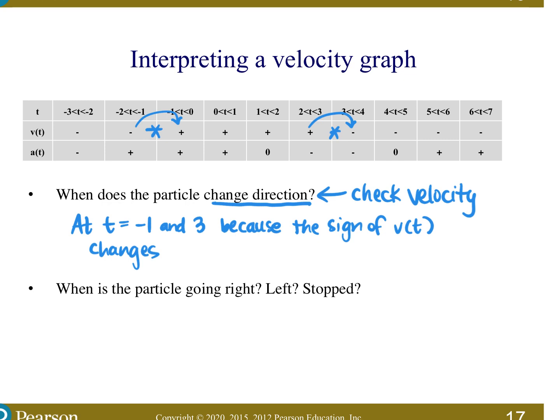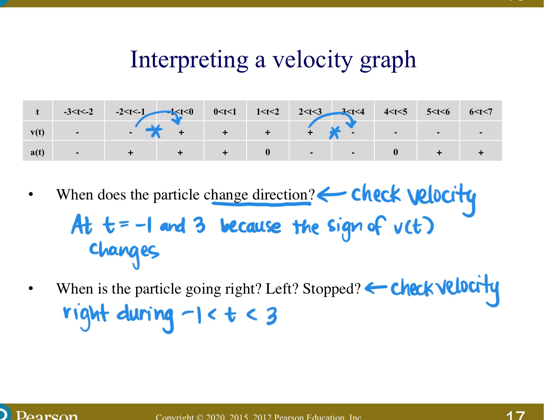Okay. When is the particle going to the right? Again, this is a direction question, so we want to check velocity again, because velocity is a direction vector. Going to the right is during, okay, can anybody give me the interval? When is it going to the right, Andre? -1 to 3. Okay, from -1 all the way up until 3.